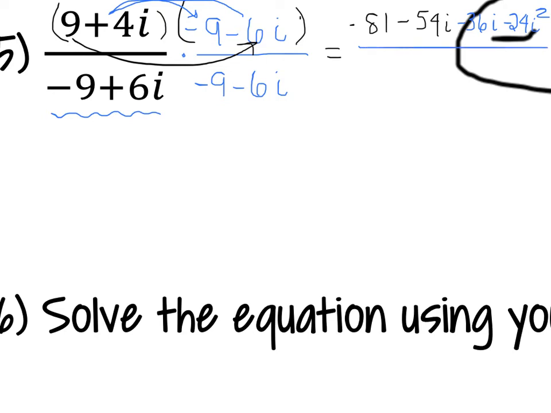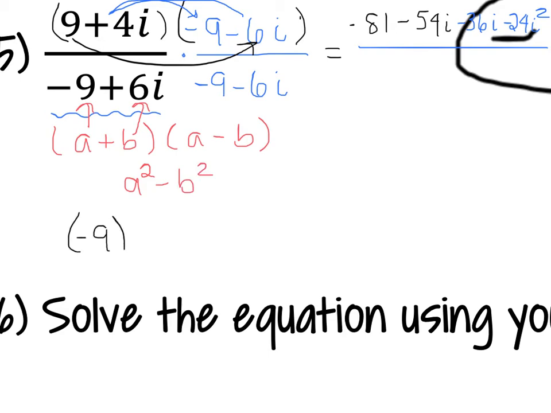In the denominator, this is the difference of two squares of the form a plus b times a minus b, where a is negative 9 and b is 6i. This always produces a squared minus b squared. So my denominator, I really have negative 9 squared minus 6i squared. Well, negative 9 squared is 81. 6 squared is 36, and then i squared is negative 1.